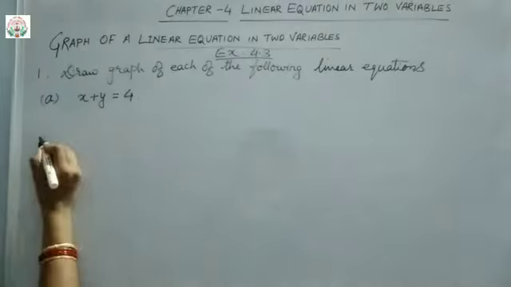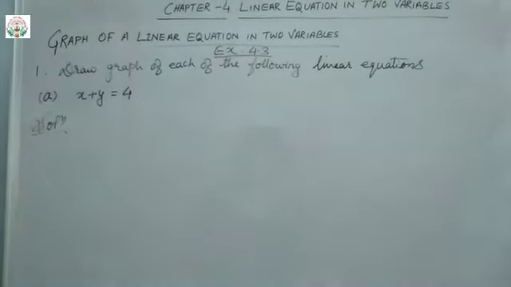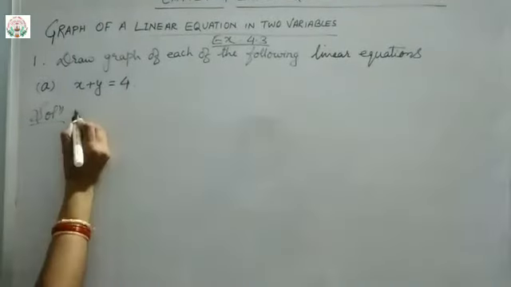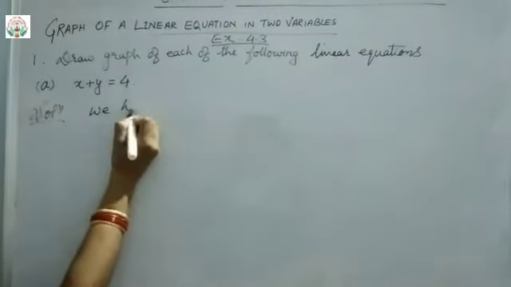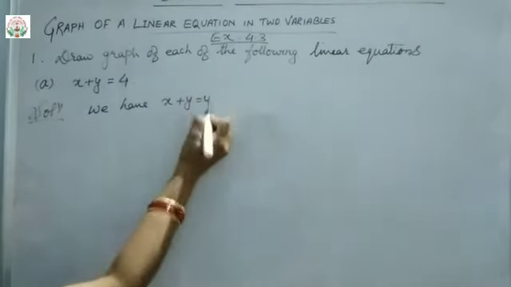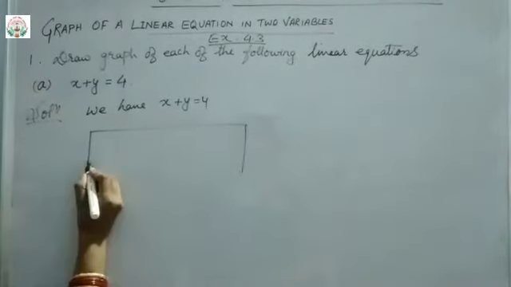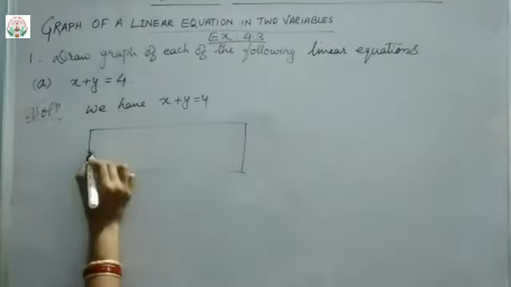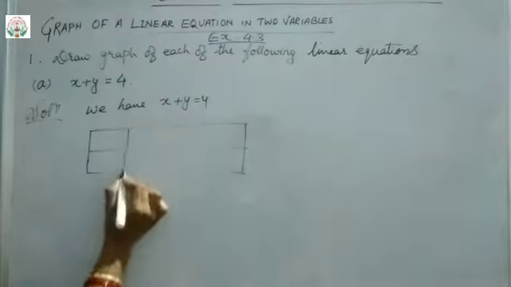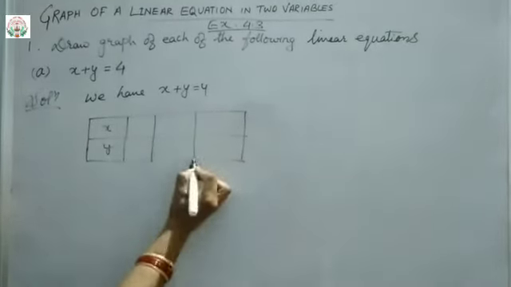Now see, for this we will write the solution. Solution will be what? We have the linear equation x plus y equals 4. So first draw a table. Okay. In this, 2 variables x and y, and then take 3 points.